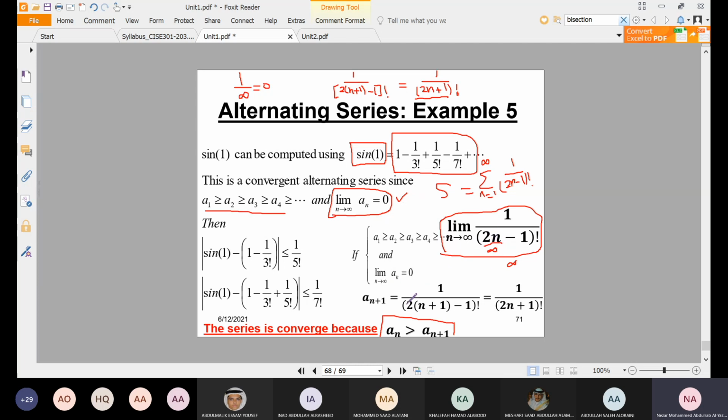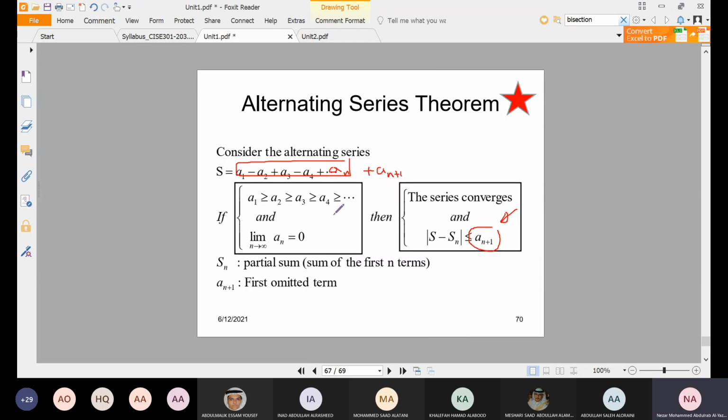After that, we compare this with the first omitted term, which, as we said, is a_(n+1). Okay, so if the two conditions are valid, we can say the series converges.